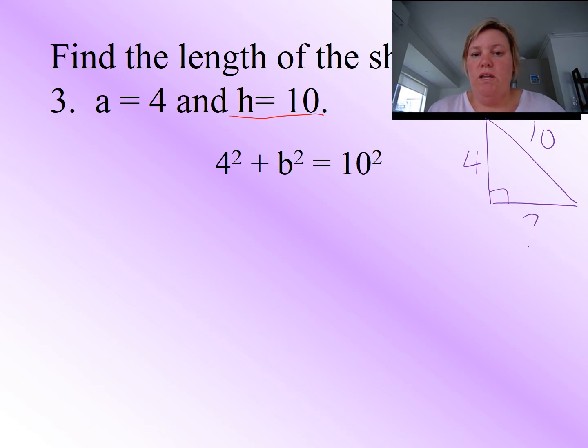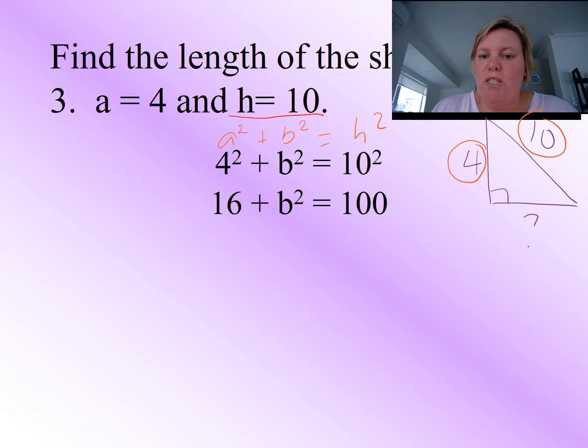I've filled in Pythagoras' theorem with a few different sides. Here's my a squared, here's my b squared, and here is my h squared. You can see that I filled in my a squared and my h squared into this formula.